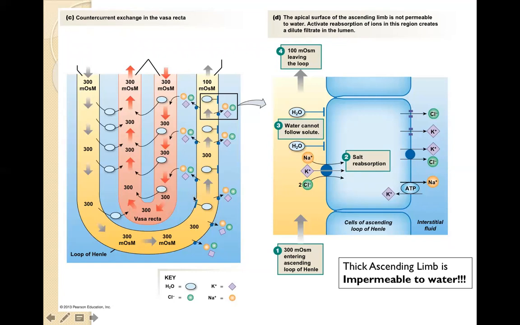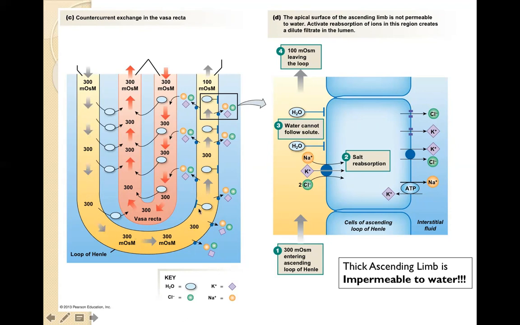A couple of the things that you need to know is that there's varying permeability to substances as you travel along the loop of Henle. The descending limb of the loop of Henle is permeable to water, and only water. It's not permeable to solutes, so only water can leave this part of the loop of Henle.